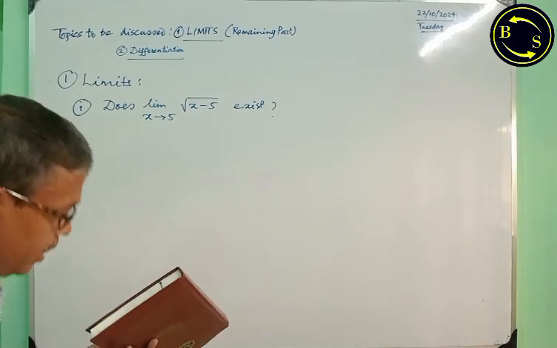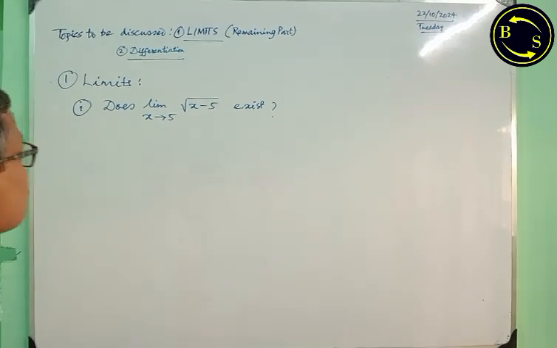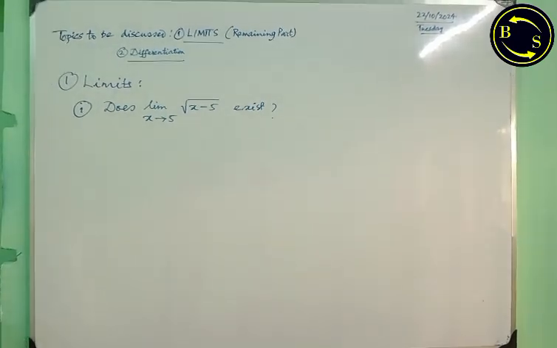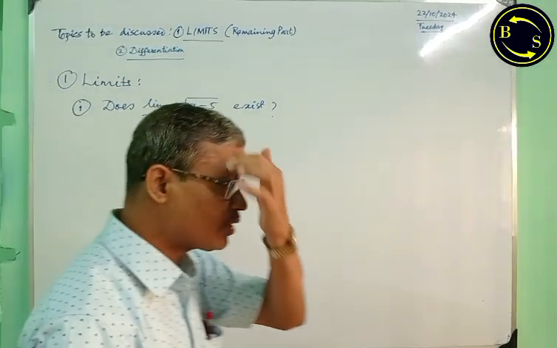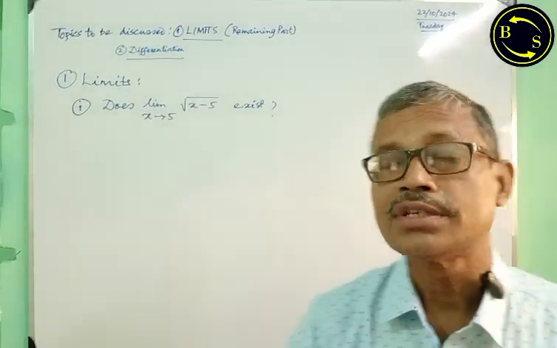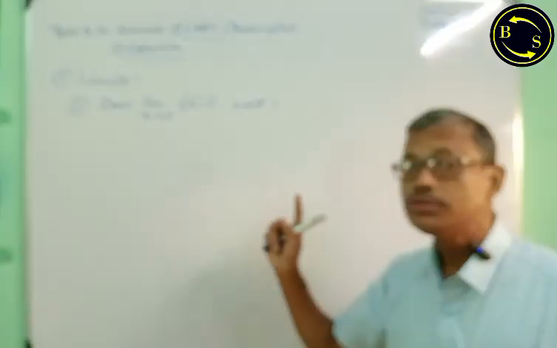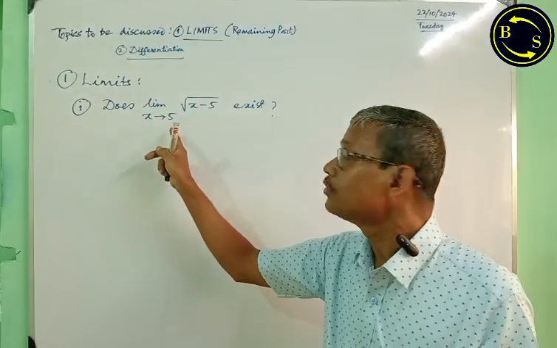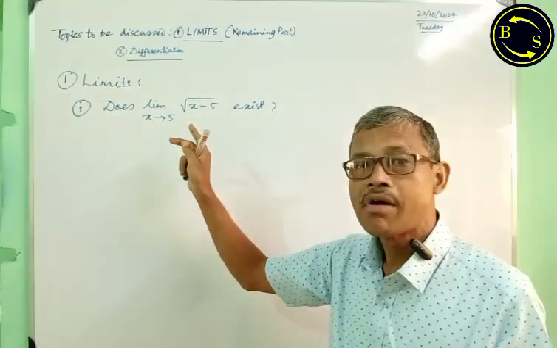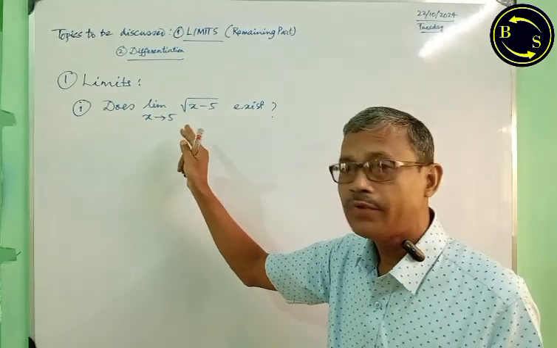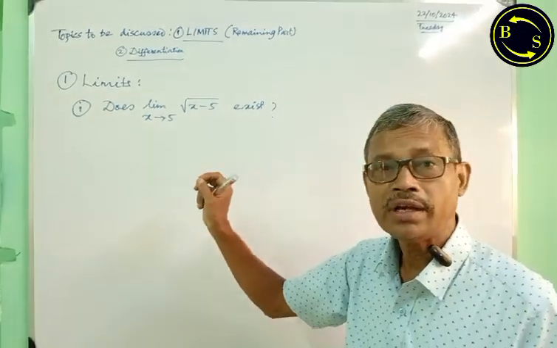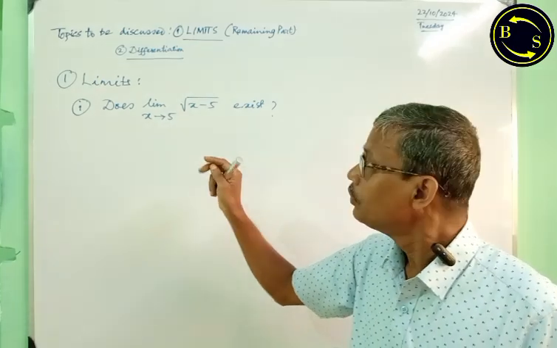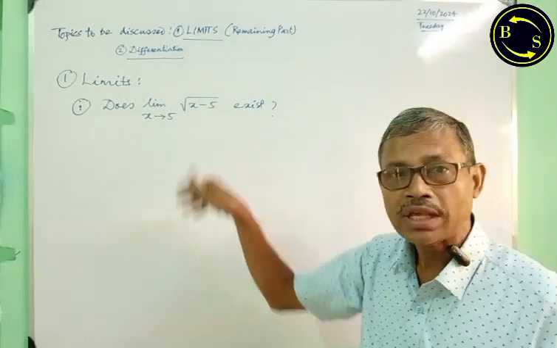Does the limit x tends to 5 root over x minus 5 exist? Already we have discussed x tends to 5 means x takes values which are near to 5. Those may be less than 5 as well as greater than 5, but never x equal to 5. We consider two cases.